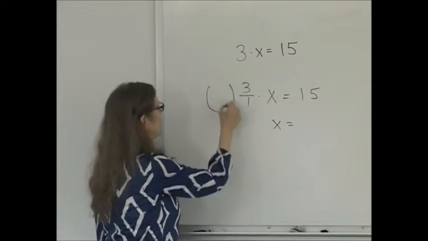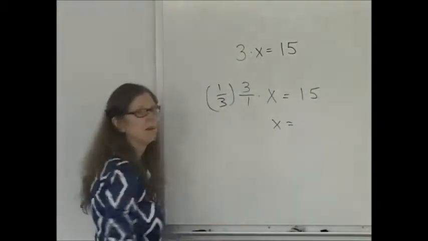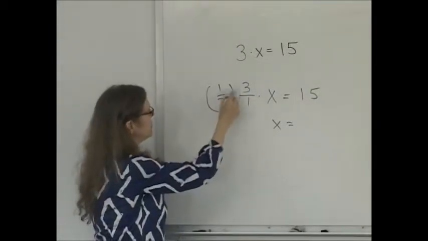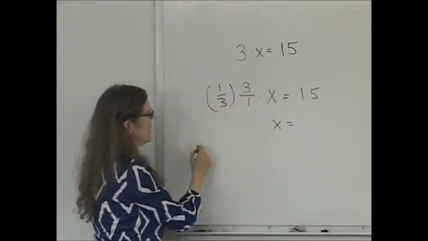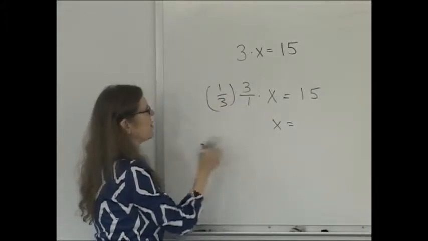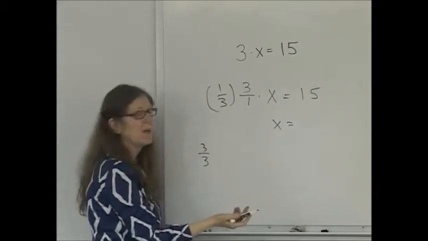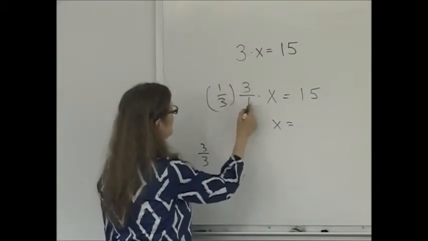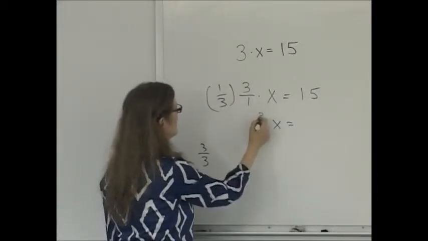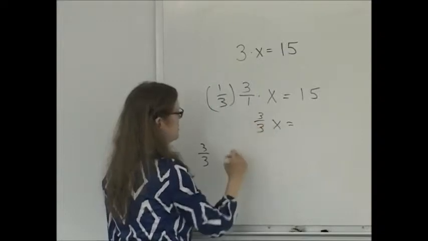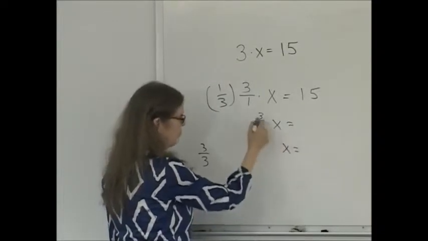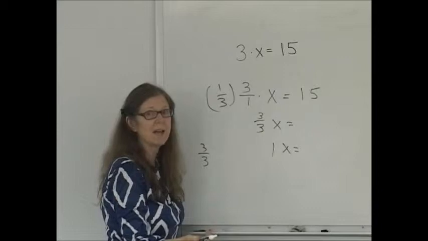Well, I could multiply this by 1/3, because 1/3 times 3 is 3 over 3, which is 1, meaning 1x, right? That's how we multiply. Multiply the numerators and multiply the denominators. So this is just 1x, which is the same thing as x.